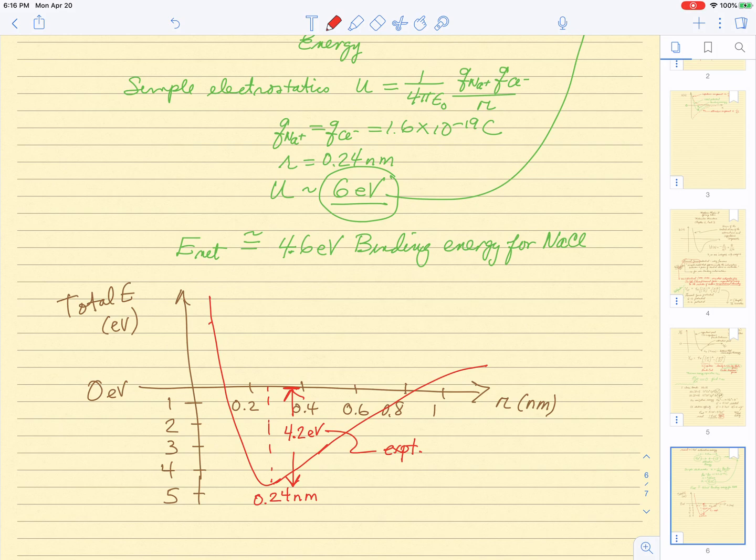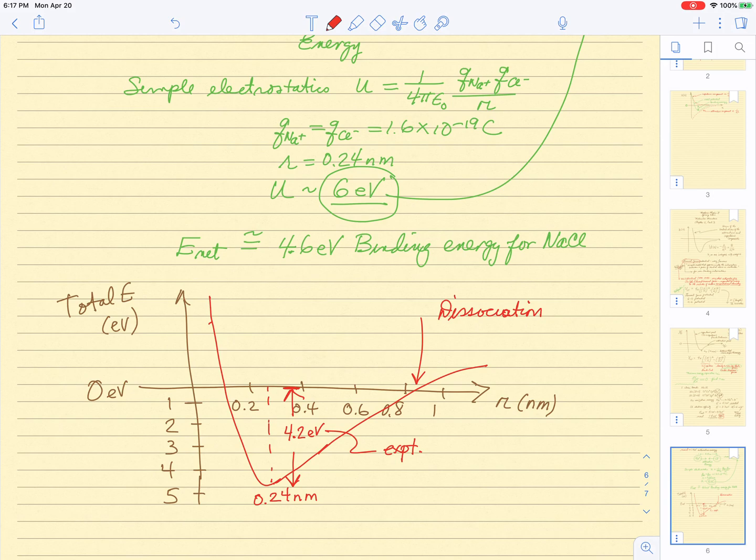This is where dissociation would occur, and from here, this would be where sodium chloride would dissociate into sodium ions and chloride ions.